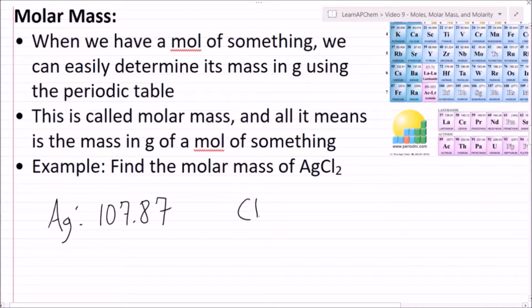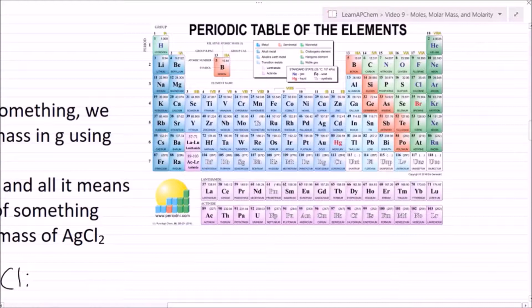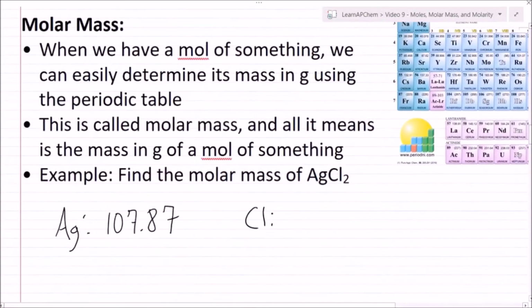Now we'll look at chlorine. Move over here, and you can see it's 35.45. This means that a mole of silver weighs 107.87 grams. Similarly, the same thing goes for chlorine.